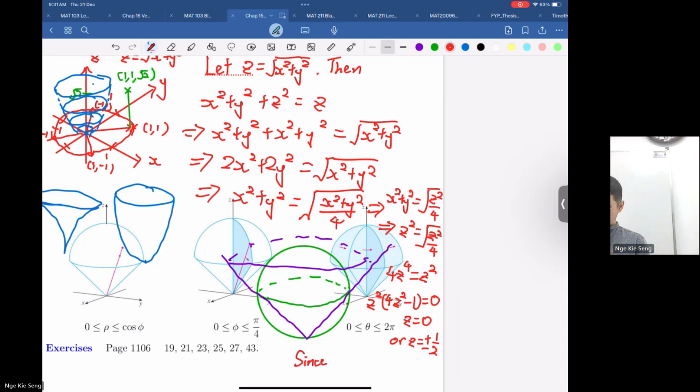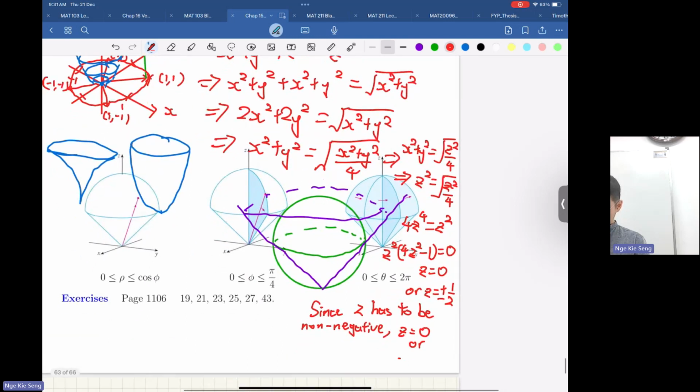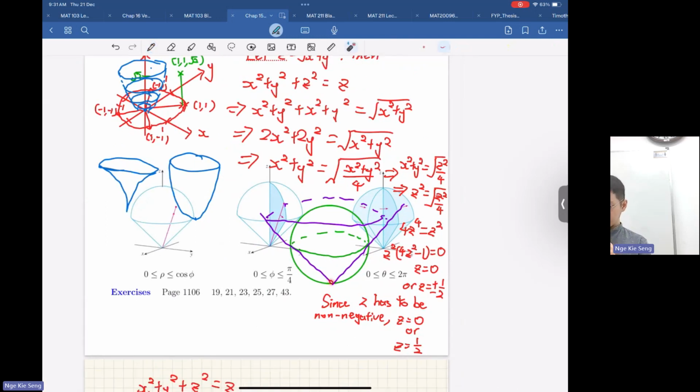Since z has to be non-negative, z equals 0 or z equals 1 over 2. So it intersects the sphere at 0 and at the radius of 1 over 2, at the height of 1 over 2.